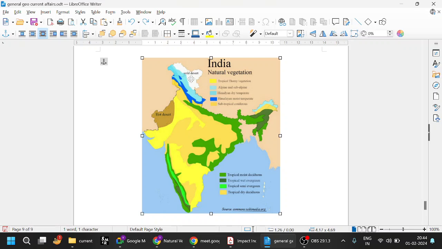And this is tropical semi-evergreen, in northern Uttar Pradesh, Uttarakhand, coastal Andhra Pradesh. Very thick forests in Kerala are called tropical evergreen. Tropical dry deciduous is most of the other climate you see here. Most of central India is tropical dry deciduous.